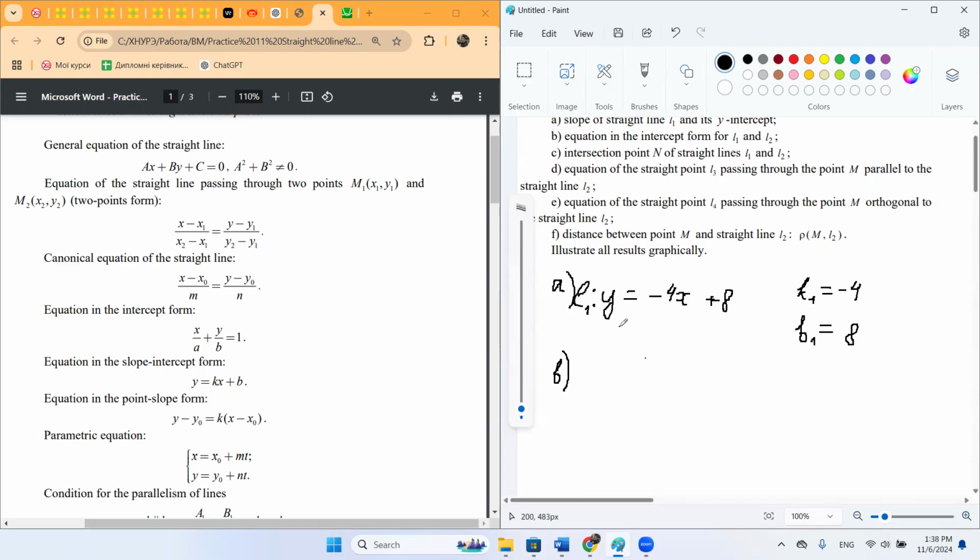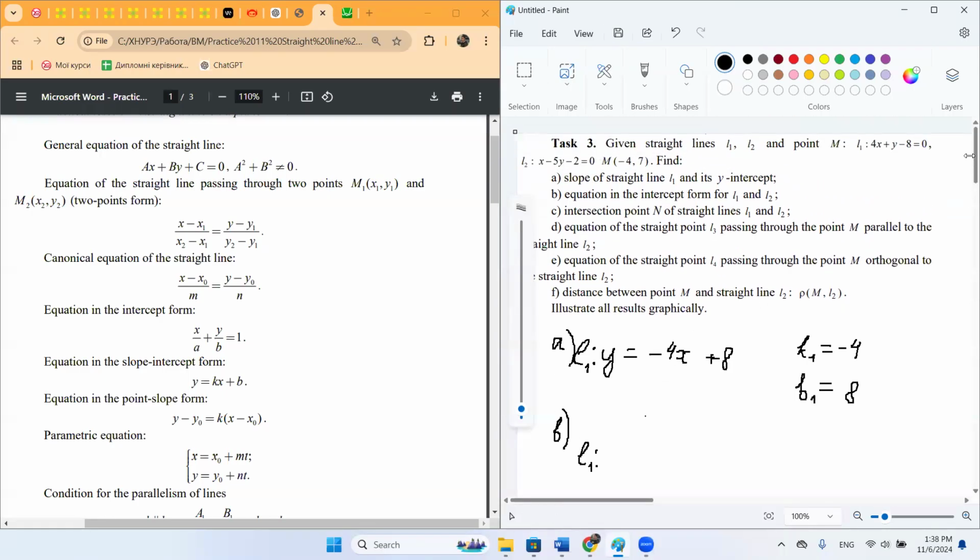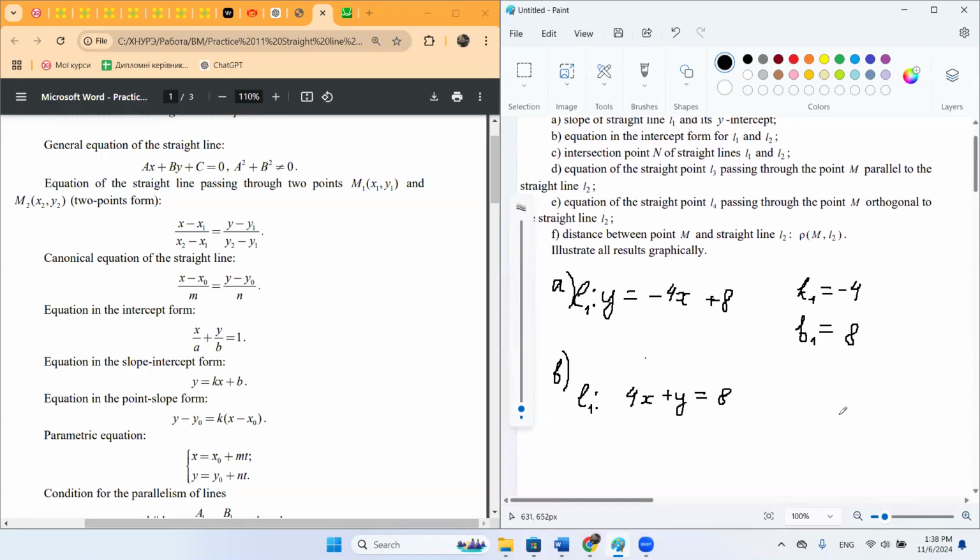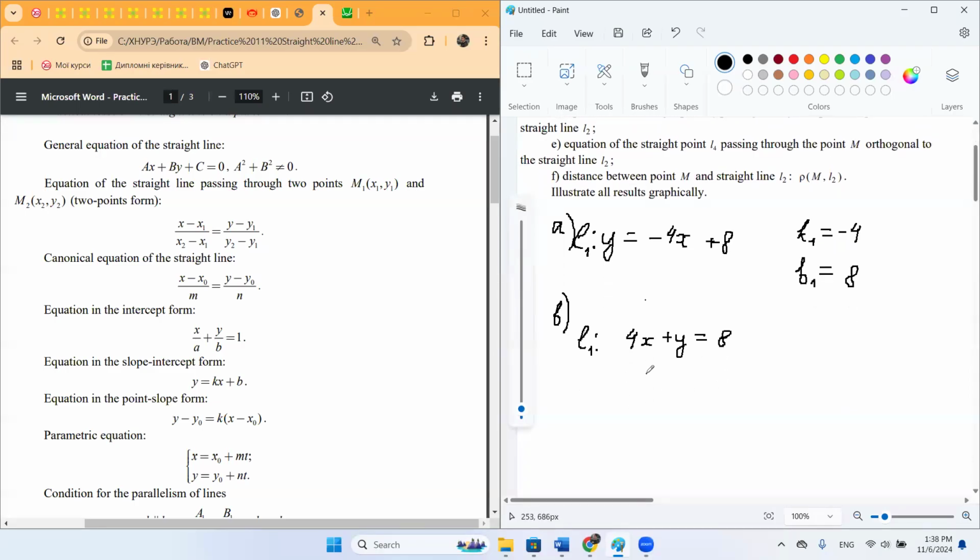Moving to part B. We need to find the equation in intercept form for both straight lines. So this is the intercept form, and for L1, first of all, we are moving 8 to the right part. And now dividing this equation by 8.